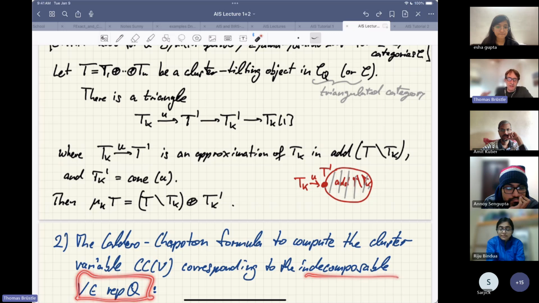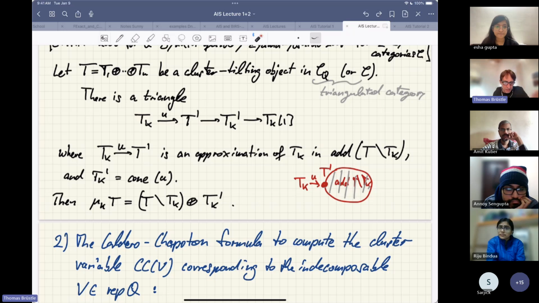If you just give me an indecomposable representation V, can you tell me what the corresponding cluster variable is? Without going through all the knitting algorithm, I mean, of course, I could start the knitting from the beginning and knit forever until I find at the same place the cluster variable and the object, and then I know these two correspond.